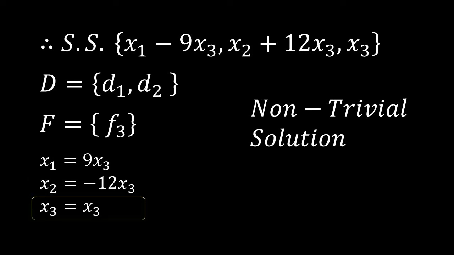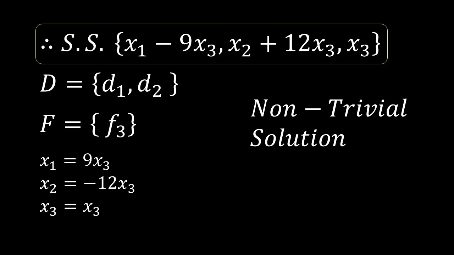Our solution is considered to be a non-trivial solution because of the presence of a free variable. Therefore, our solution set is the quantity of x sub 1 minus 9x sub 3, the quantity of x sub 2 plus x sub 3, and x sub 3.